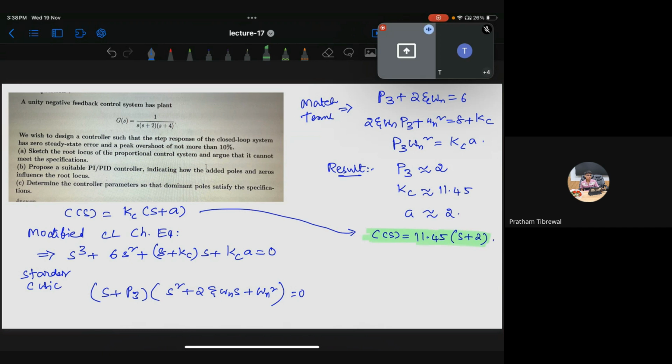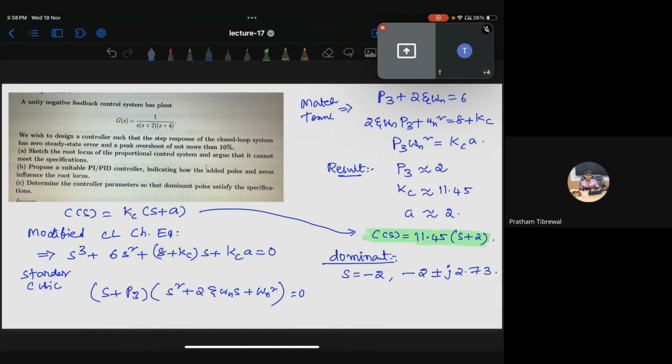With this PD controller, what are the poles we will get? We will get dominant poles at S equal to minus 2 plus or minus j 2.73.